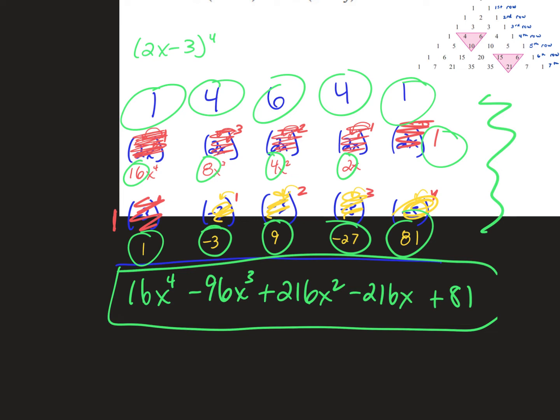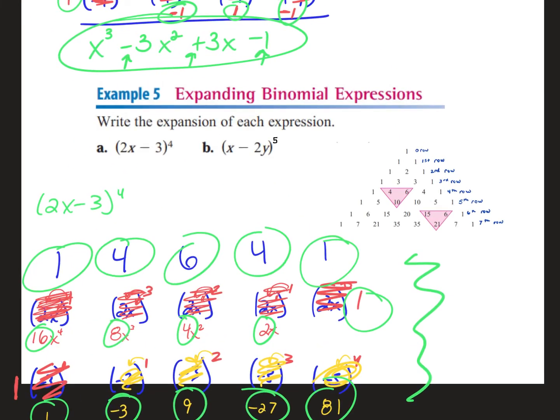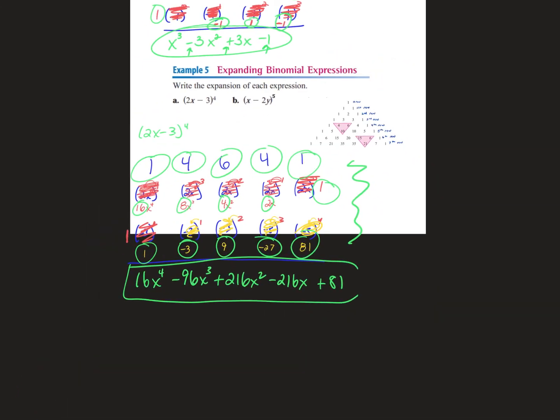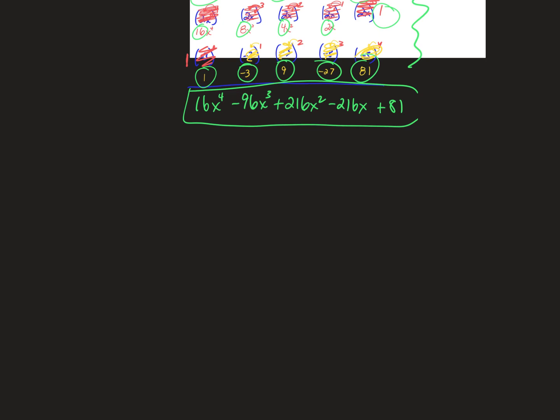Everybody with me? We're good? All right. Next example is x minus 2y to the 5th. So think about this. I have x minus 2y to the 5th power. The first thing we do is identify what row.